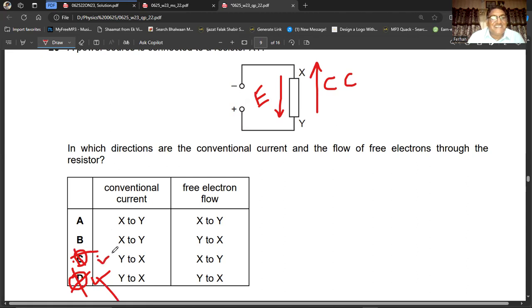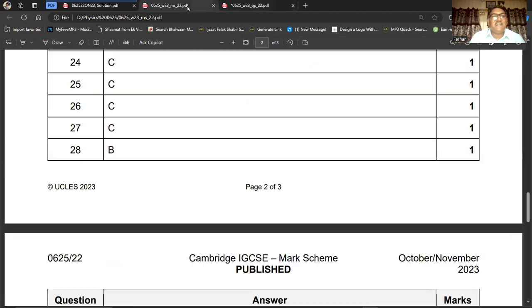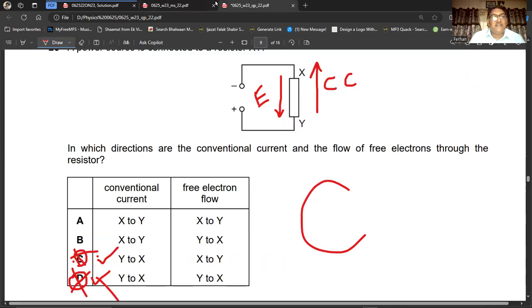The right option is C. Sorry. The conventional current is going from Y to X, and the electron flow is going from X to Y. So C is the right option. Which question is this?